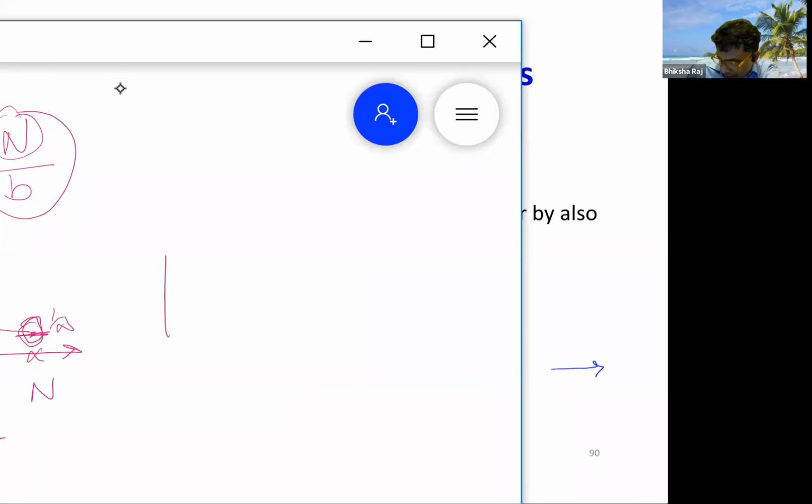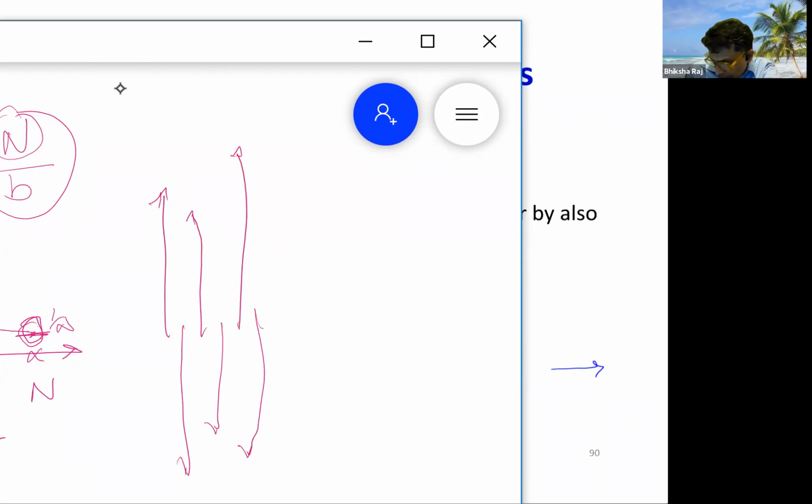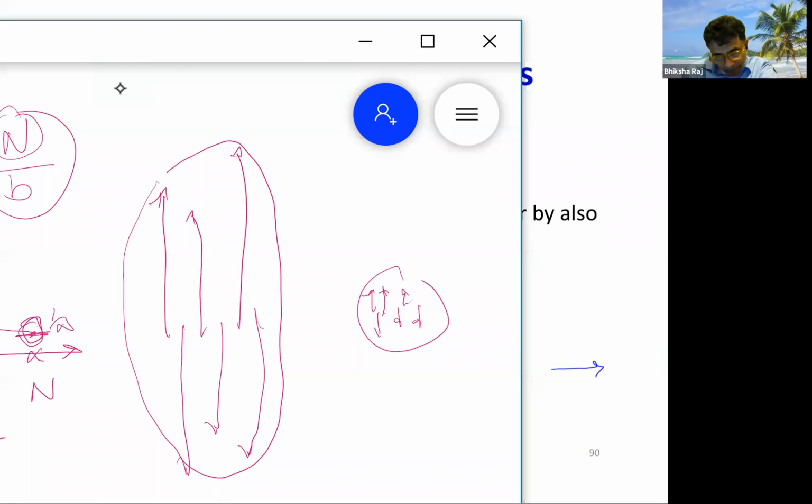In one case, I get these derivatives along the y direction. In the other case, I get this. In both cases, the average would be the same. But yet, which of these two seems noisier to you?